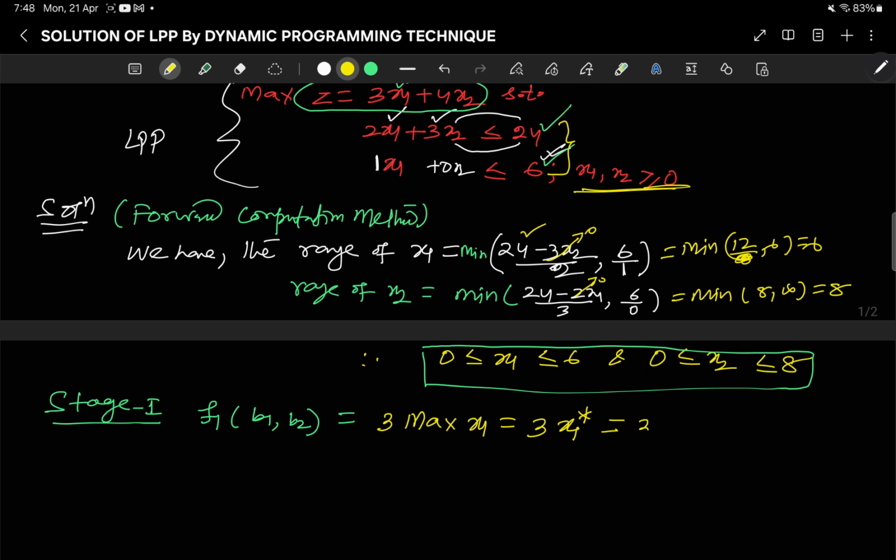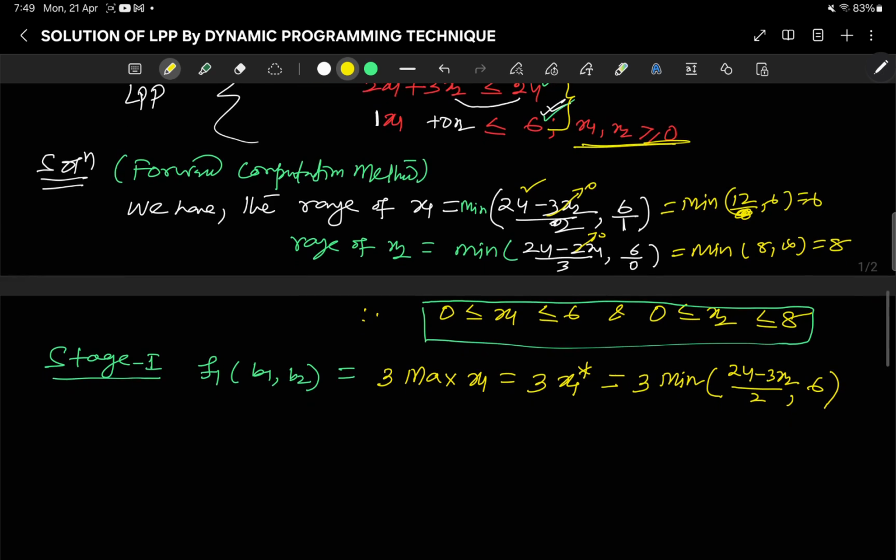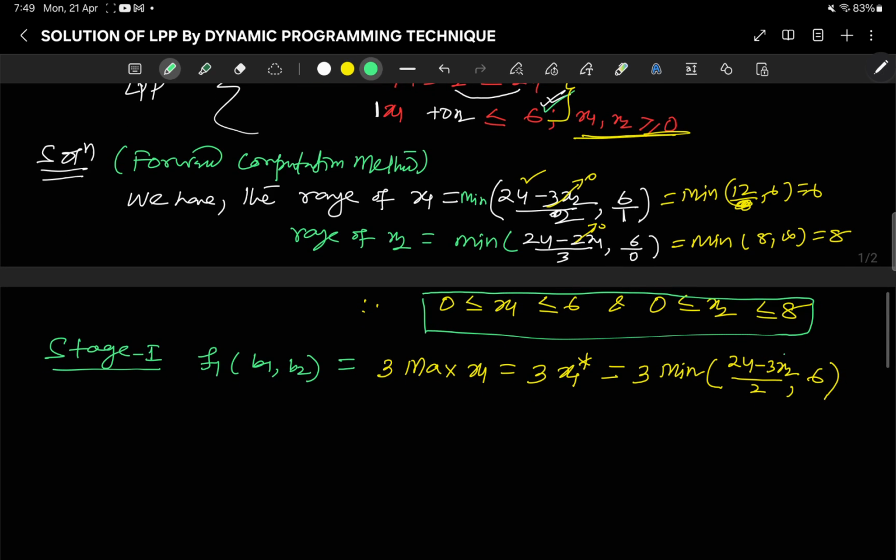So this is 3 times the minimum of, as I have told you, x1 equal to (24 minus 3x2) divided by 2, and 6. Let this be my equation A. Now this x2 becomes the state variable for the next step.